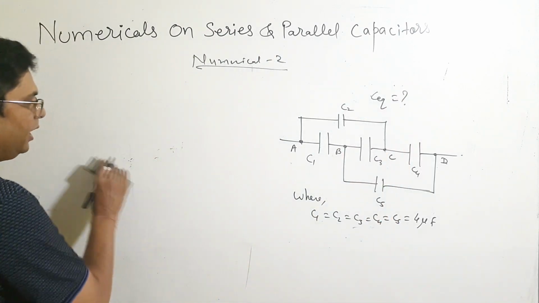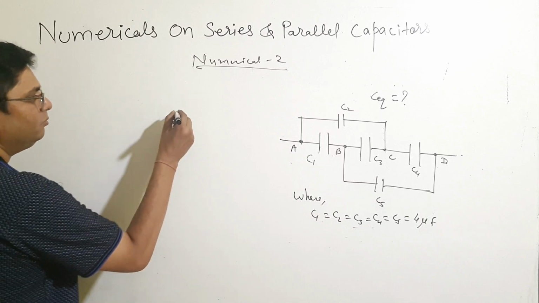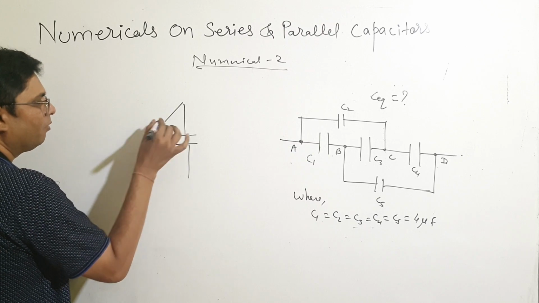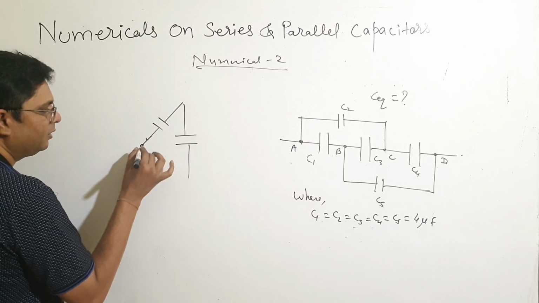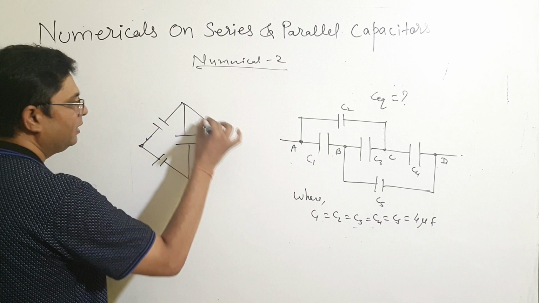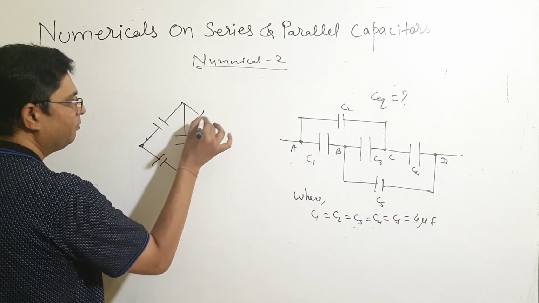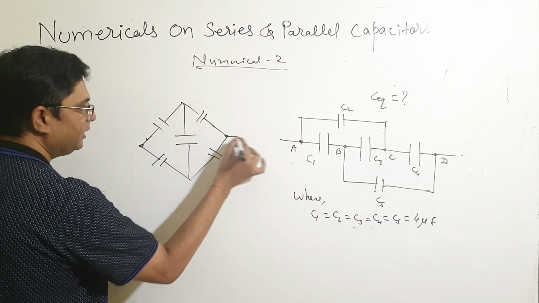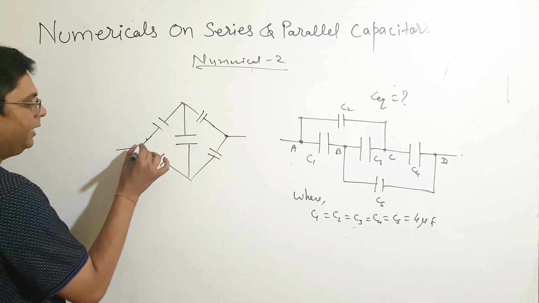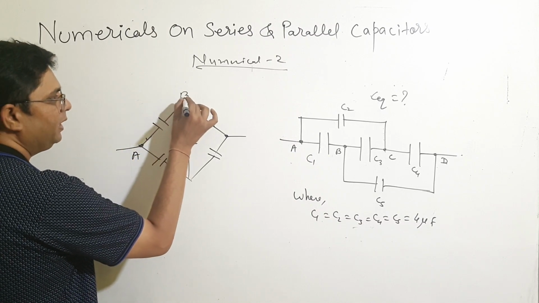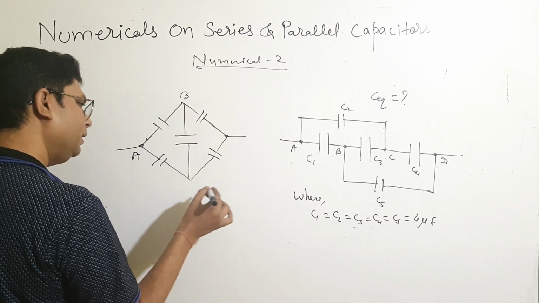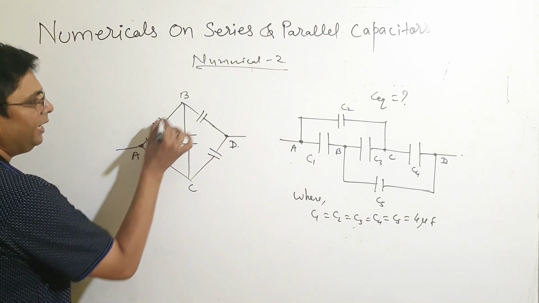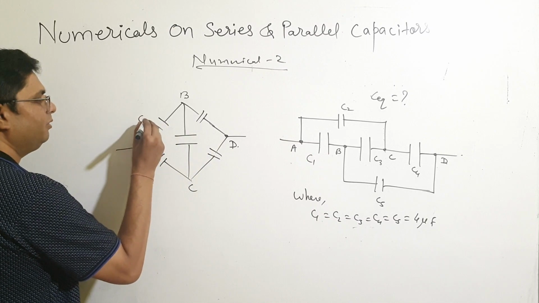This circuit is equivalently drawn as follows: we have a capacitor here, another capacitor here, next capacitor, another capacitor here, and another capacitor here. This is a form of Wheatstone bridge. Here the naming is A, B, C and D. Between A and B the capacitor is C1.